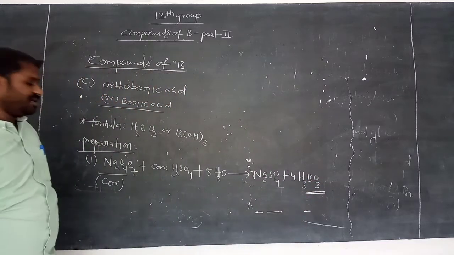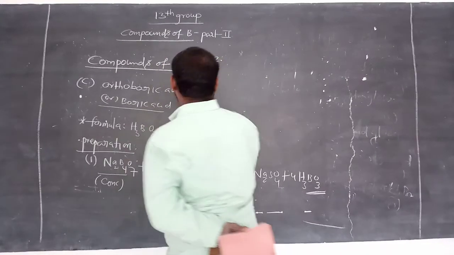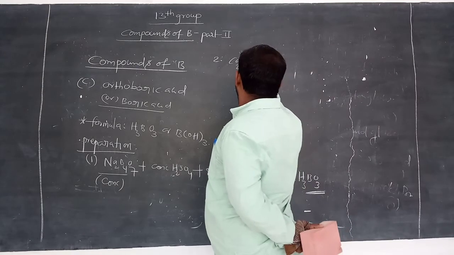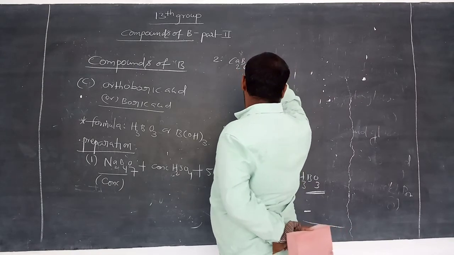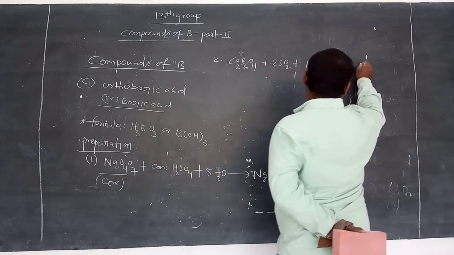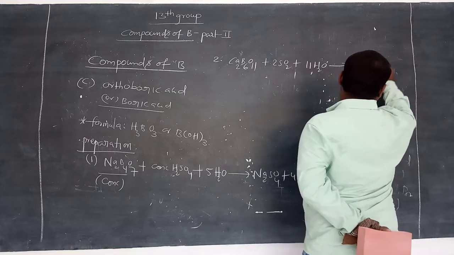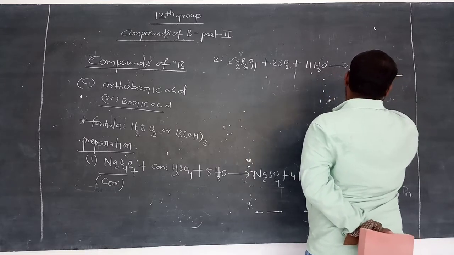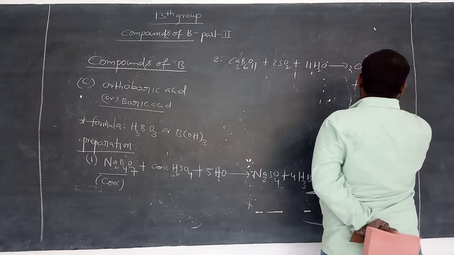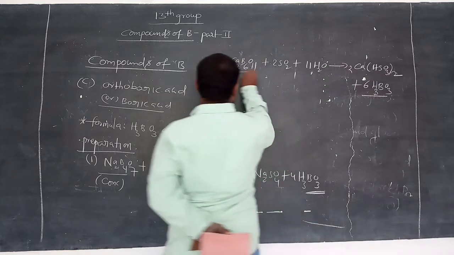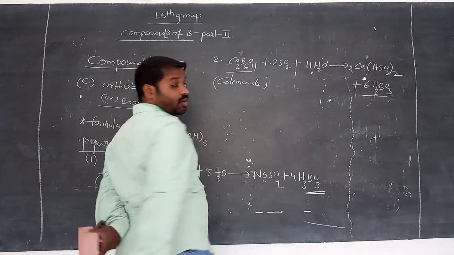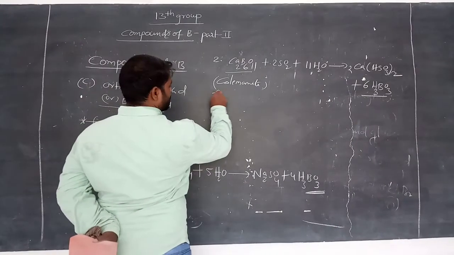Orthoboric acid. Okay. And from colemanite, the second preparation method. From colemanite, calcium bisulfite and orthoboric acid. Okay, this is colemanite, anhydrous, without water.